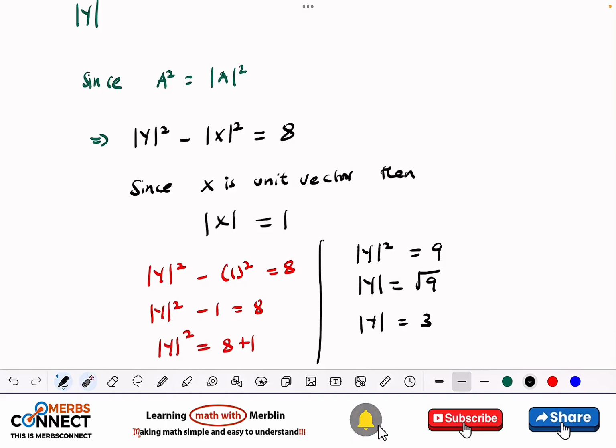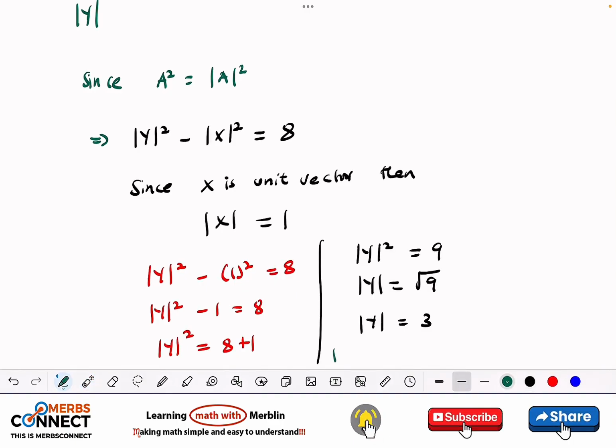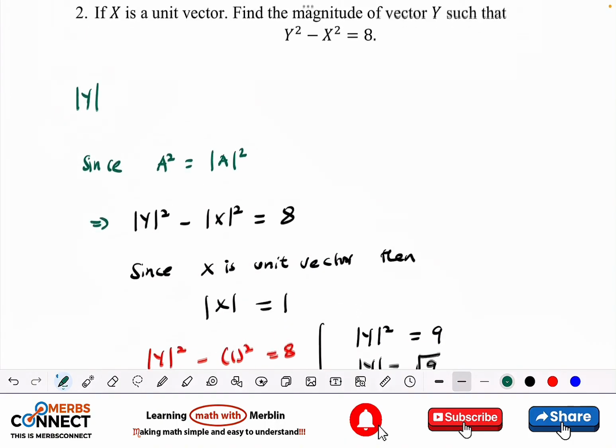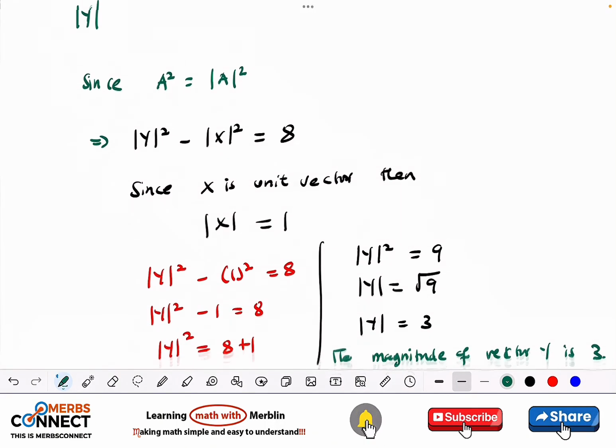So this is very nice. So we see that now we can conclude that the magnitude of the vector y is 3. Good. So basically that is what we just need to get here.